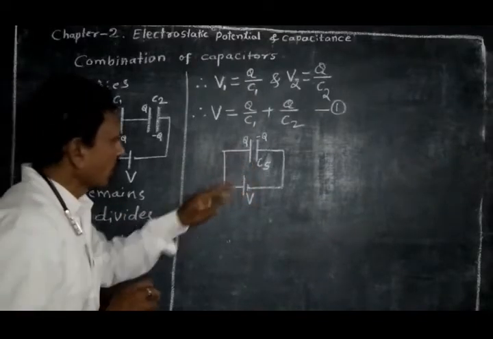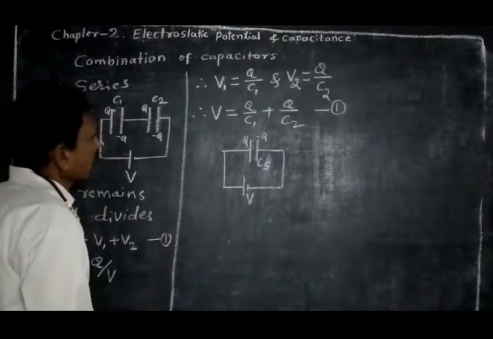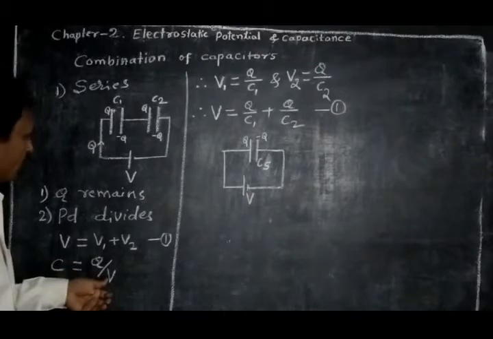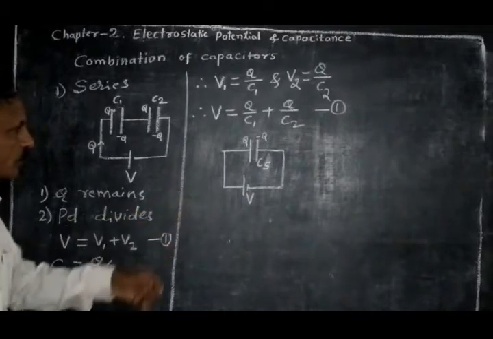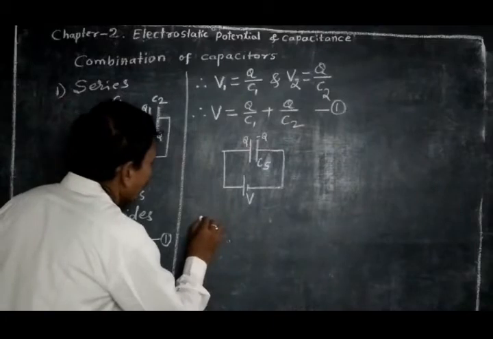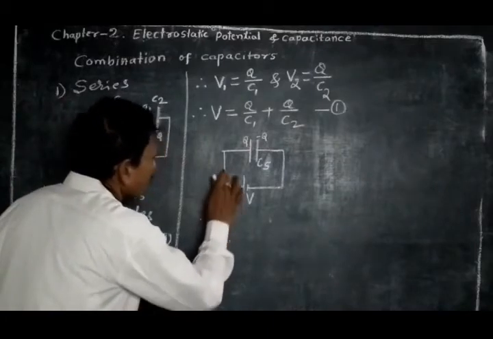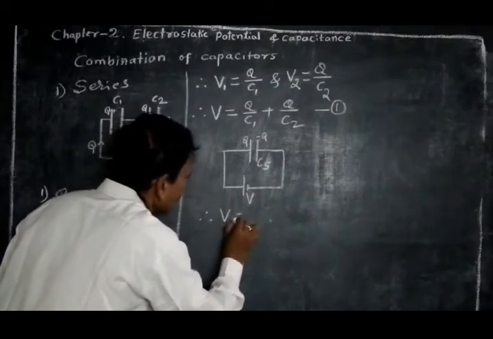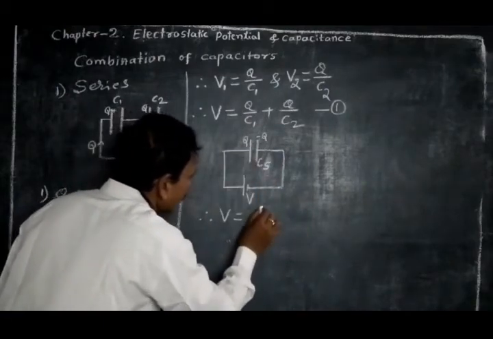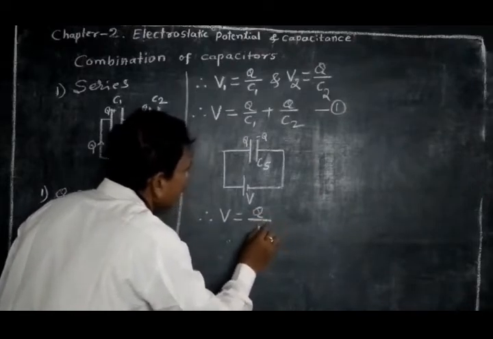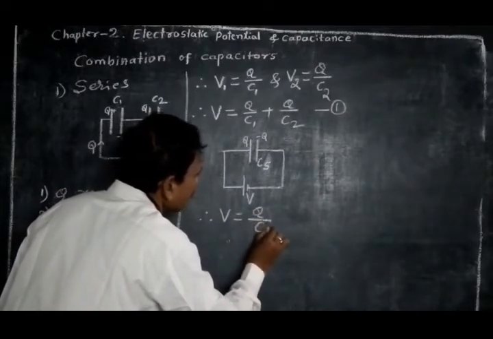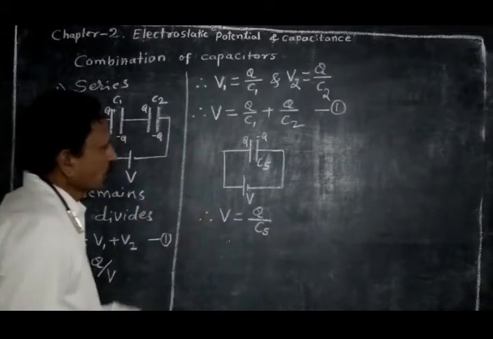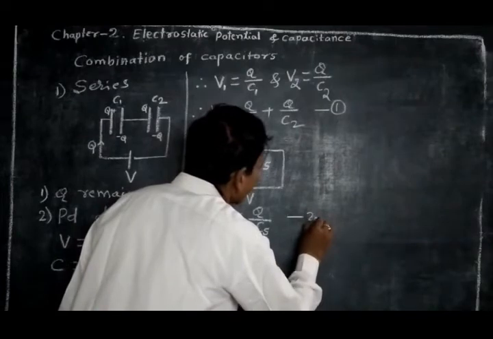Now, according to C equal to Q upon V, the net potential difference across this single capacitor is V equal to the charge stored Q upon its capacitance CS, where CS is the equivalent capacitance. Consider this as equation 2.